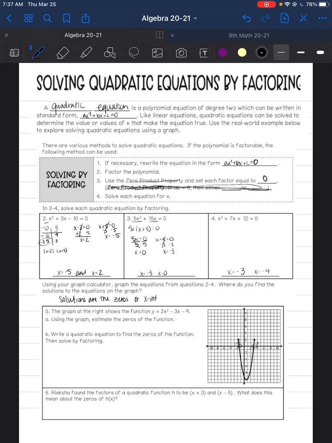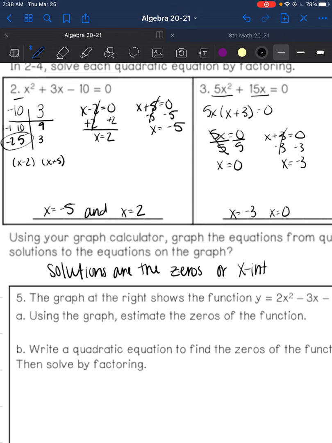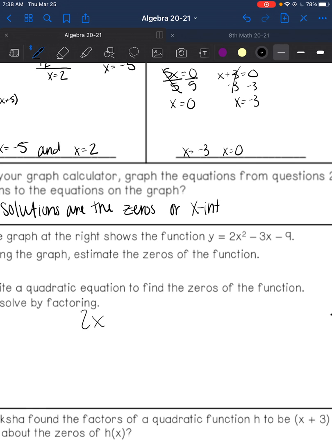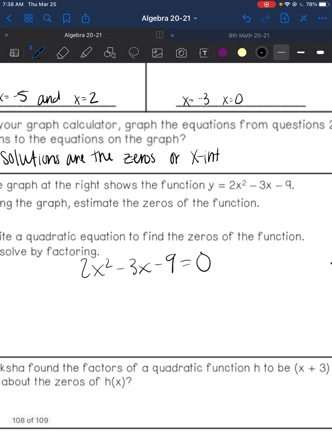Now we're going to write a quadratic equation to find the zeros of the function and then solve by factoring. So instead of saying y equals, we're going to say 2x squared minus 3x minus 9 equals 0. So we would try to factor this.